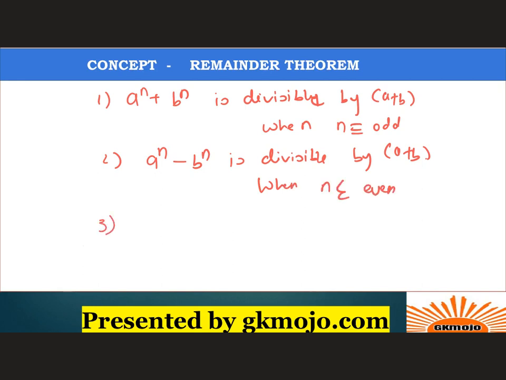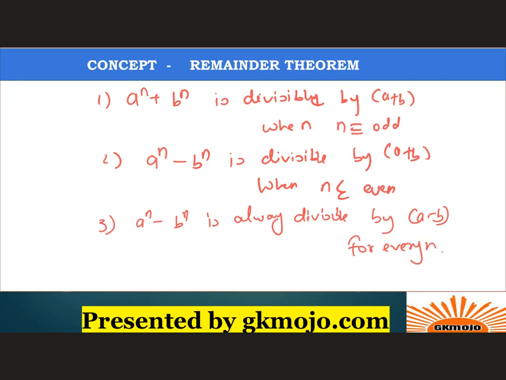Also a power n minus b power n is always divisible by a minus b, that is for every n. These three things are very important. Just keep them in mind, write them somewhere. They'll be very important to you while solving some questions.